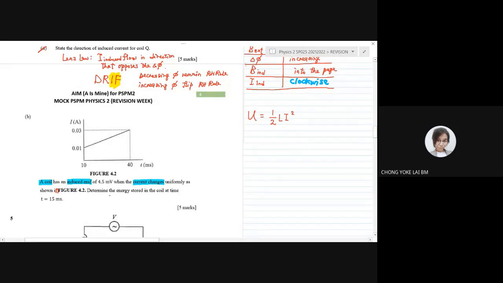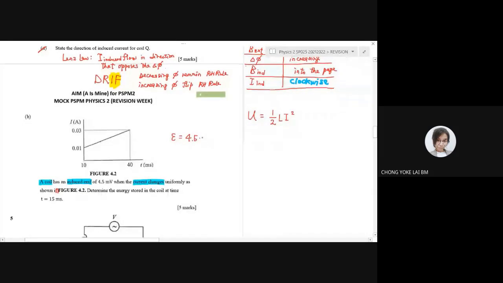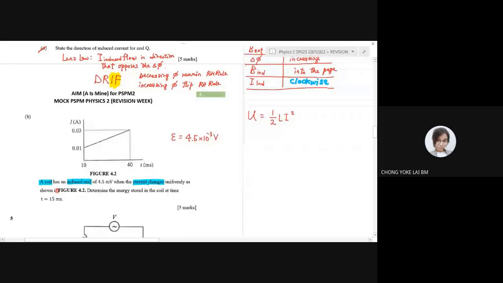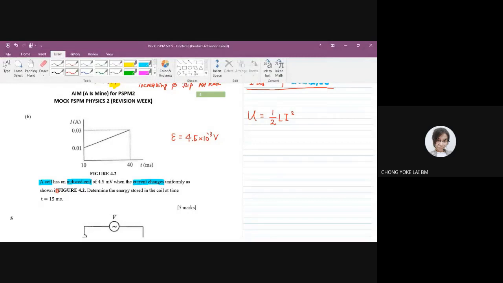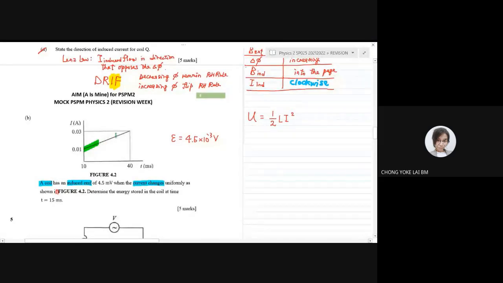So kalau kita tengok soalan ni, soalan bagi kita maklumat EMF induced 4.5 millivolt. Milli is times 10 negative 3 volt. When the current change uniformly. So the change of current is shown by the graph. So ini perubahan current dia.